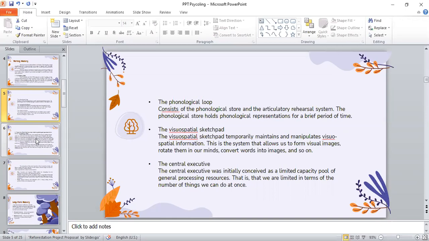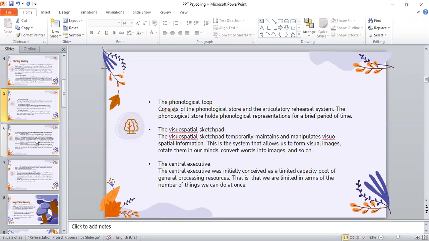The model assumes that there are phonological representations of both auditory and visual materials. That is, when visual materials such as printed letters are presented, we may convert them into phonological representations and thus hold them in the phonological store.